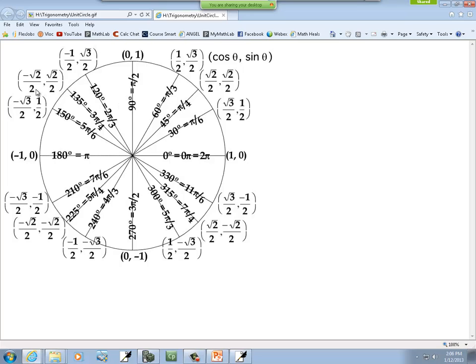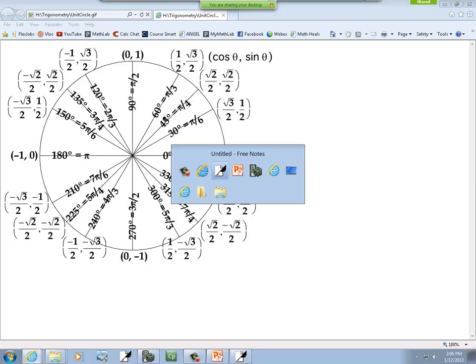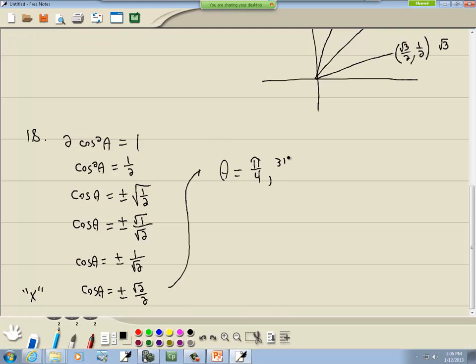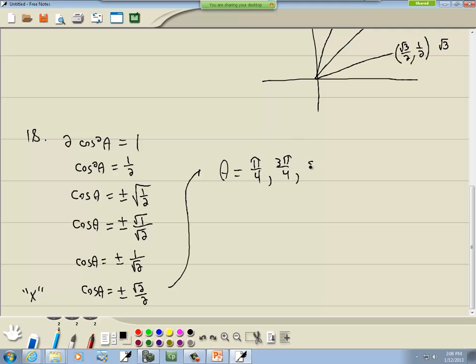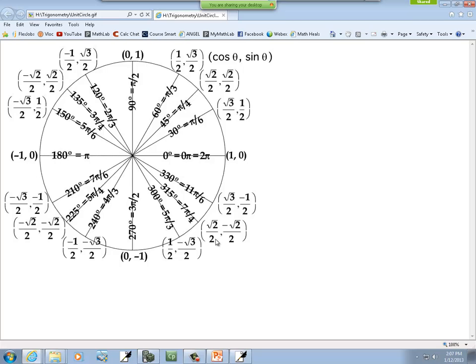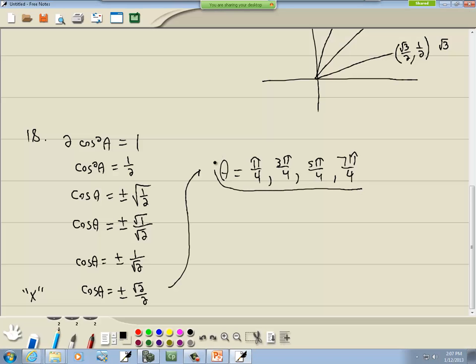Here's another place where x is either positive or negative square root of 2 over 2, 3 pi over 4. Then down here, 5 pi over 4, it's also equal to that. And then the last one is 7 pi over 4, which is right here. It's equal to a positive square root of 2 over 2. So those would be your answers.